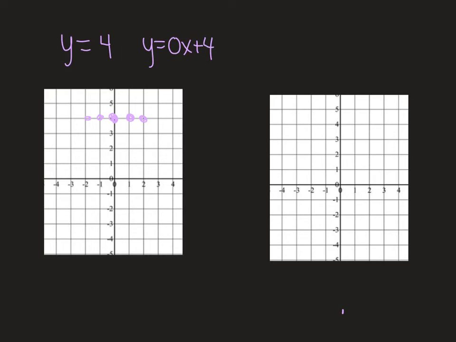So anytime you get y equals 4, it's going to be a horizontal line at that number, whatever number that is. If you ever get an equation that says x equals something, x equals 4, it's a vertical line at x equals 4.